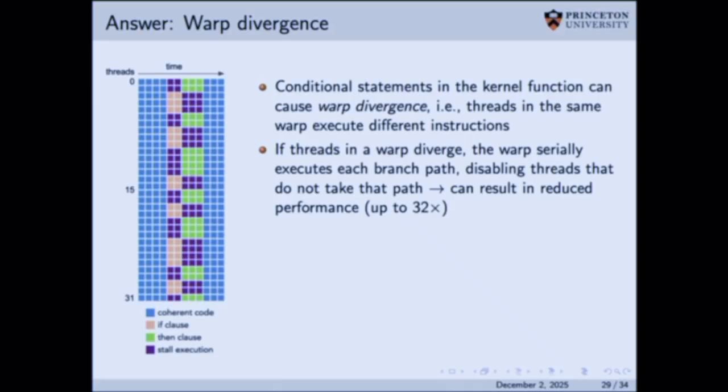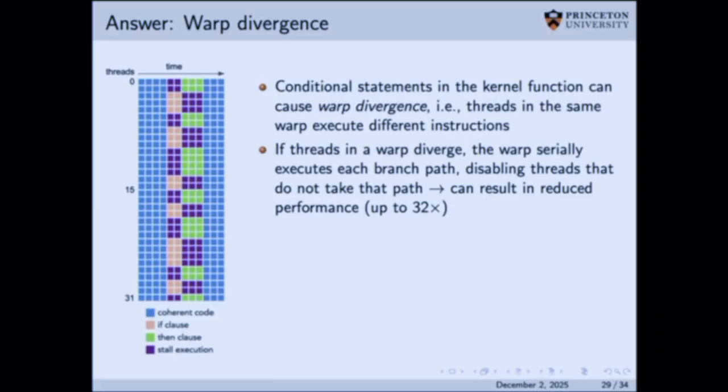We talked a lot about how threads have to do the same thing at the same time. So here, if a thread is going down the if branch and we're not executing the if branch, then all those threads just do nothing in the time that we're going down the if branch. And similarly, if a thread is in the else branch and we're going down the if branch, then it just waits until we execute the else branch.